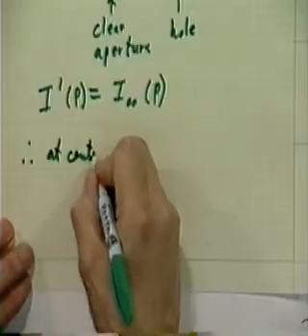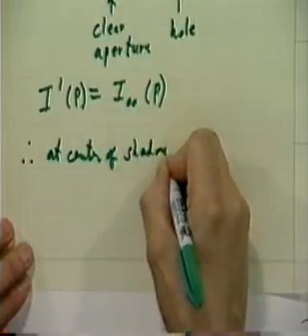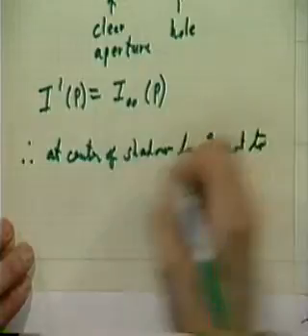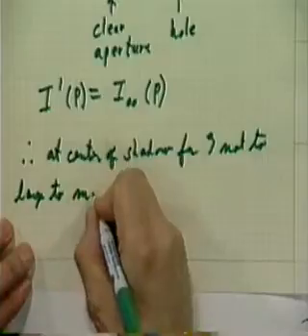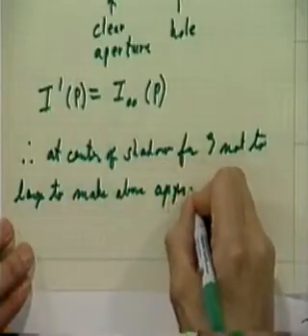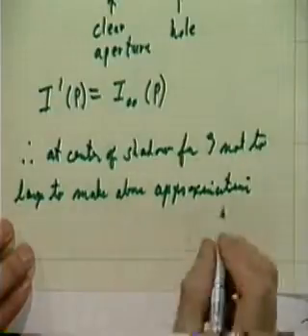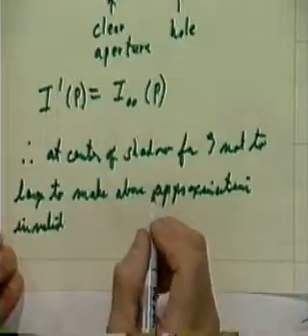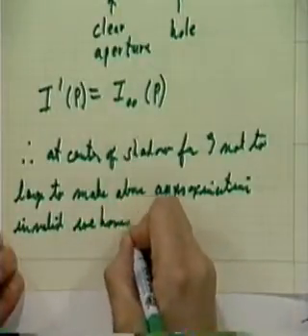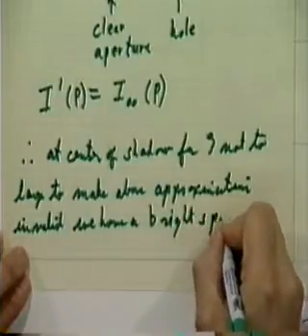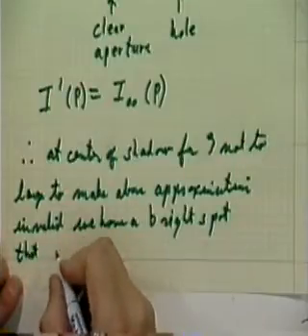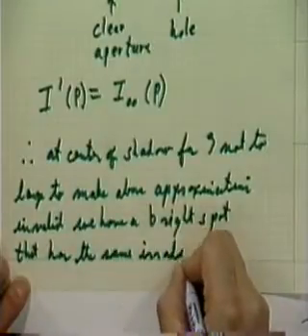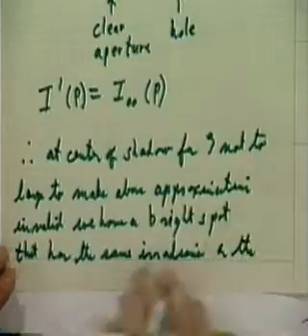Therefore, at the center of the shadow, in the case for squiggle not too large to make the above approximations invalid, we have a bright spot that has the same irradiance as the unobstructed value.